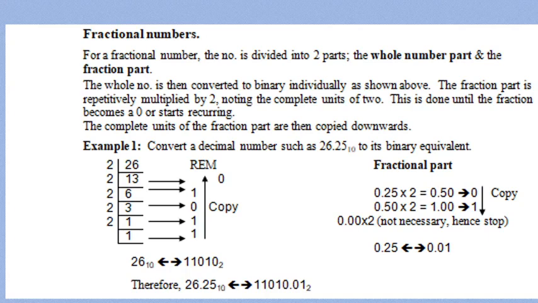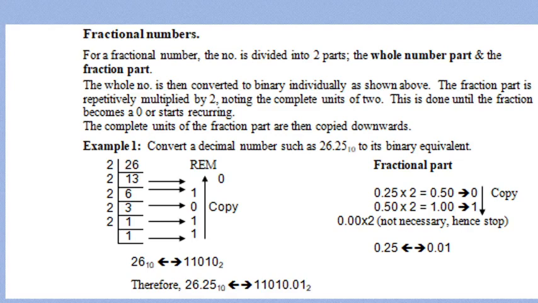The fraction part is repeatedly multiplied by 2, noting the complete units of 2. This is done until the fraction becomes a 0 or starts recurring. The complete units of the fractional part are then copied downwards.